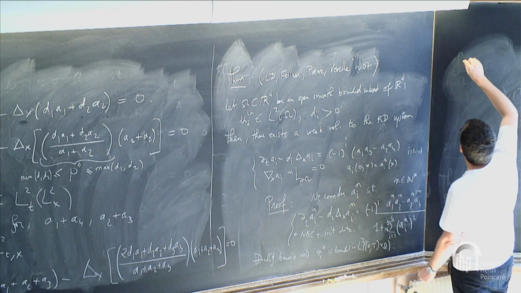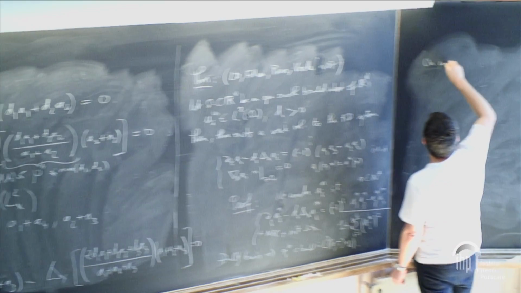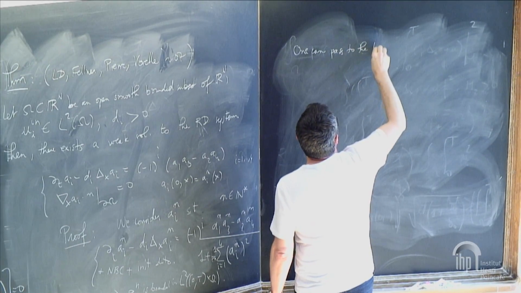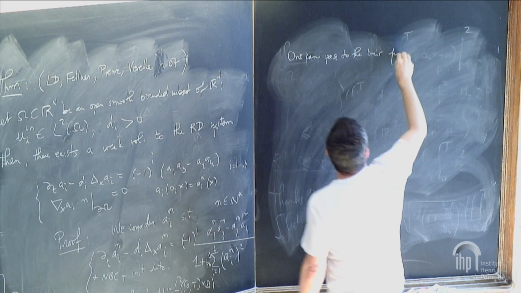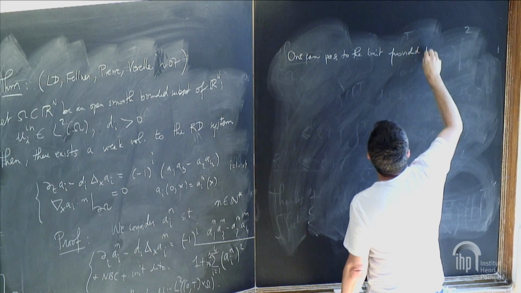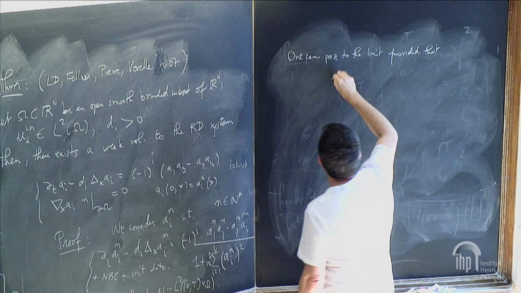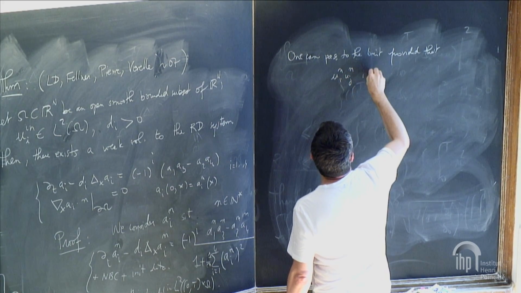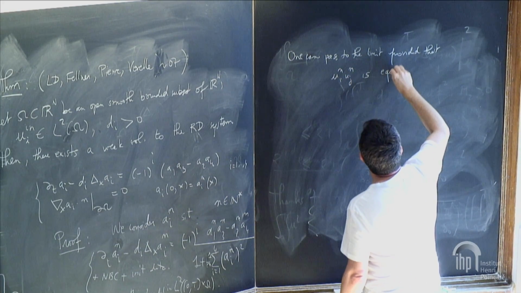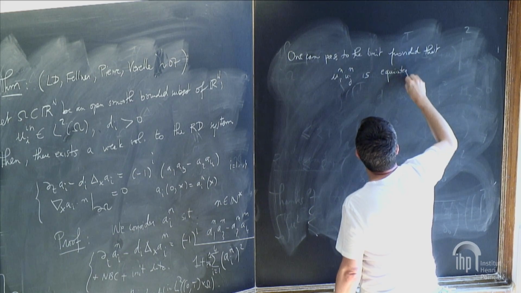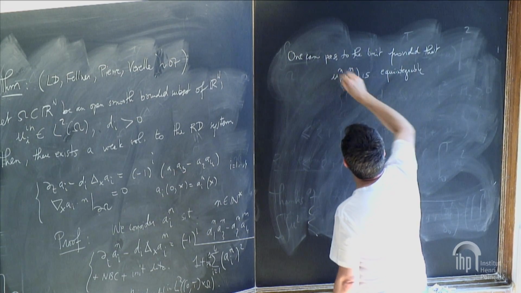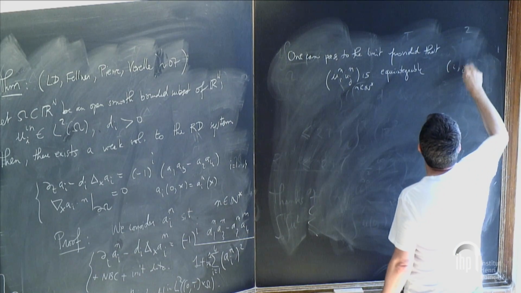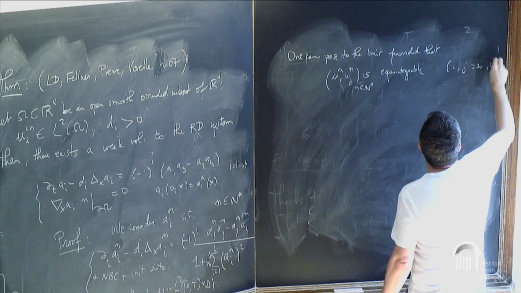So one can pass to the limit, provided that, let's say, UIN, UJN is equi-integrable as a sequence for any ij between 1 and 4.